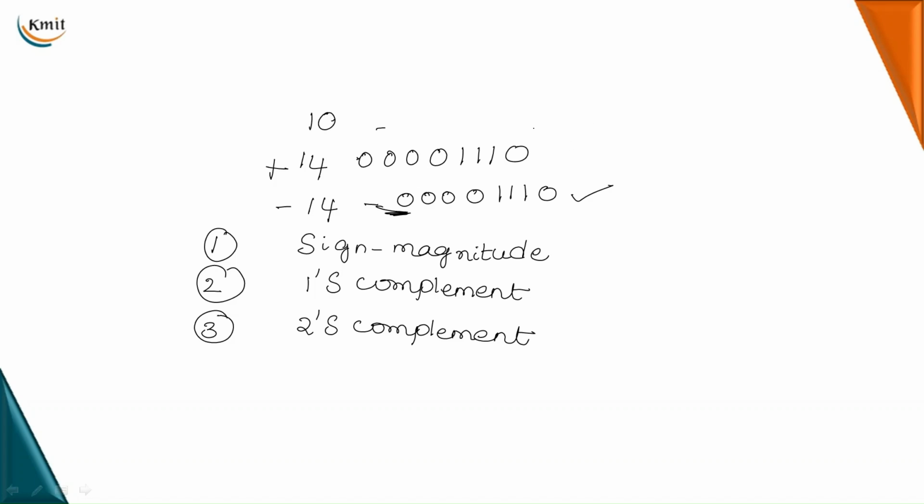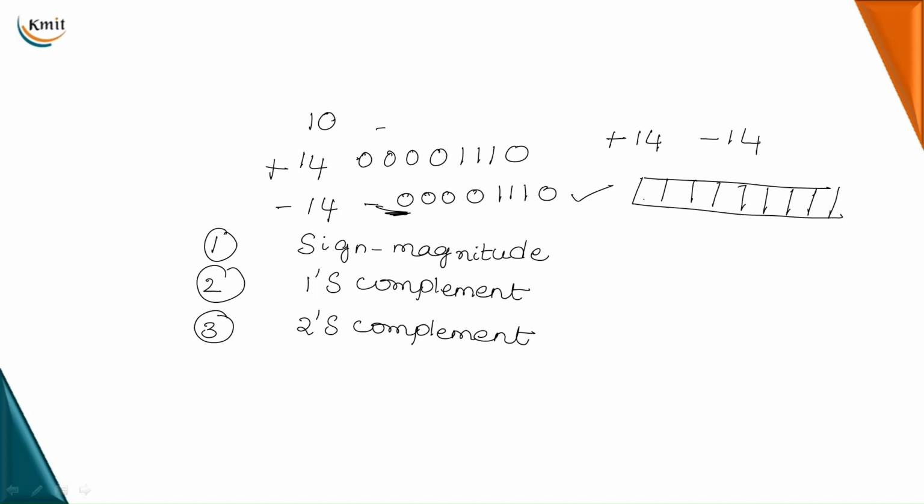So say for example, I am taking plus 14 and minus 14. Okay. So when it comes to a sign magnitude representation, you are representing this number in 8-bit representation. A representation contains 8 bits: 1, 2, 3, 4, 5, 6, 7, 8.